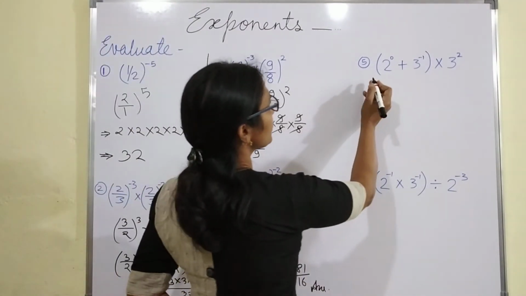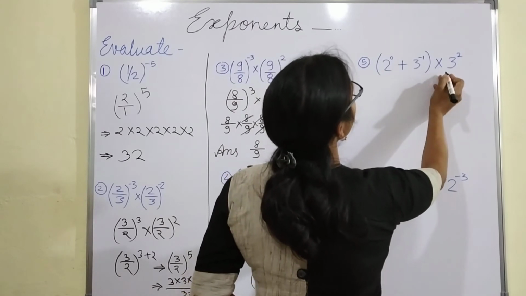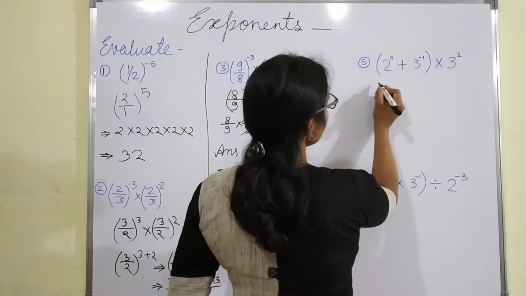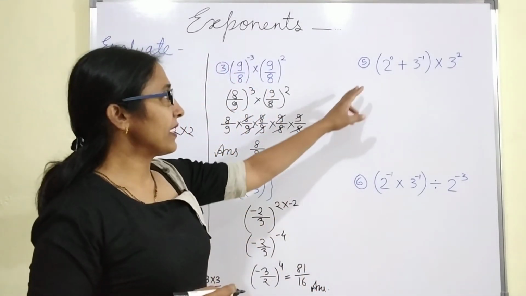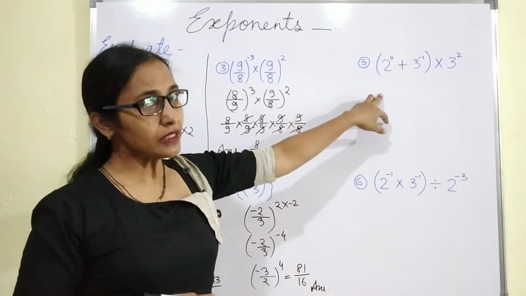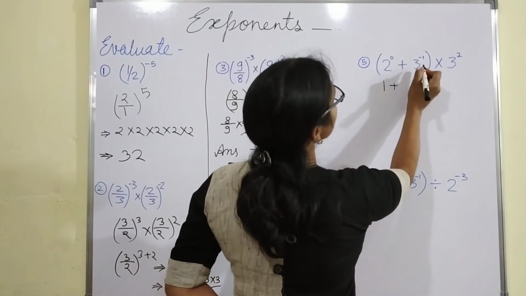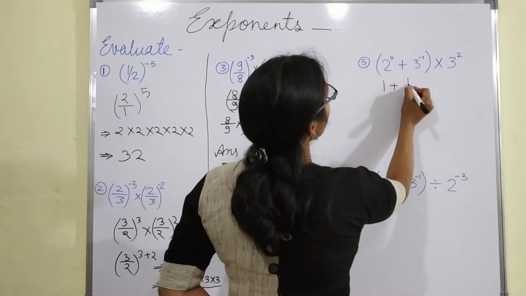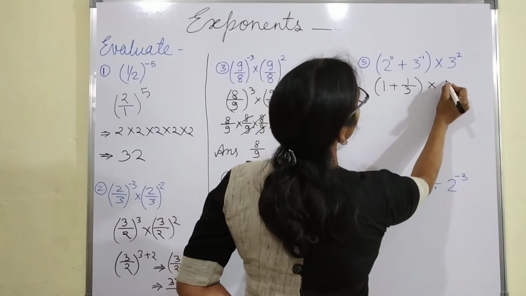Now the next question is (2 to the power 0 plus 3 to the power minus 1) into 3 to the power 2. Just now I explained that any number having power 0 has value 1. So 1 plus, the power is negative so it will become reciprocal, into 9.